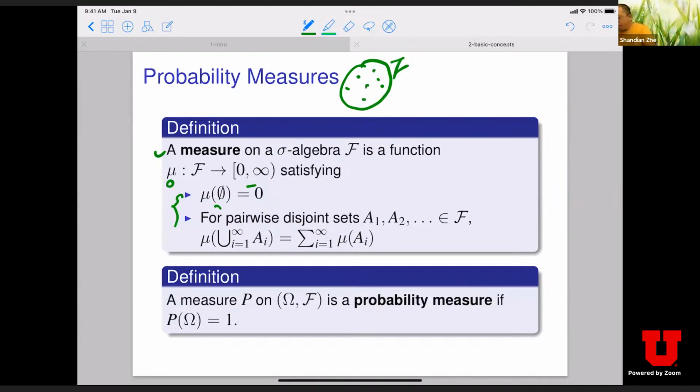And second, if you have an arbitrary collection of events or elements in your F, A1, A2, A3, all kinds of stuff, that are pairwise disjoint, they do not overlap, then your measure over the union of those sets A1 to A infinity must be the summation of their measure over each individual set.